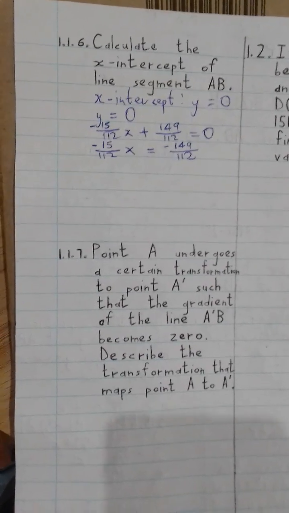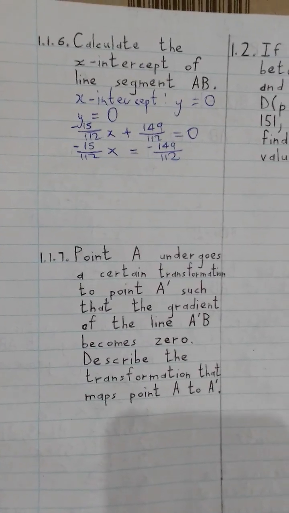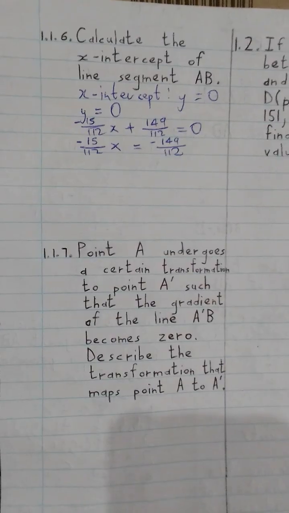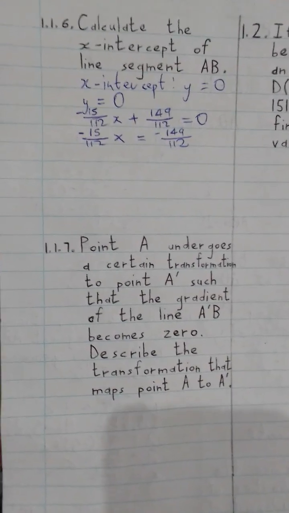Divide both sides by negative 15 over 112.